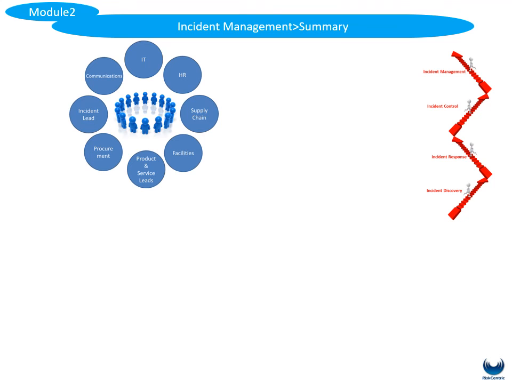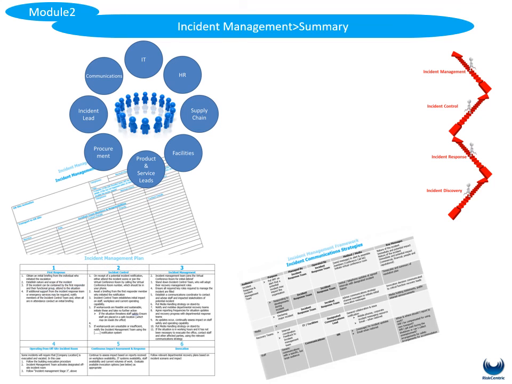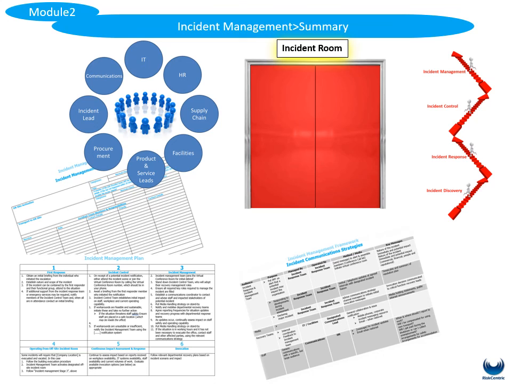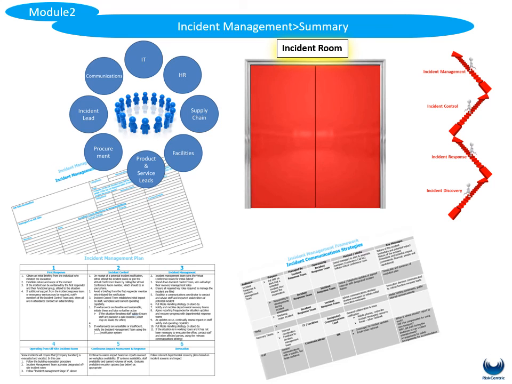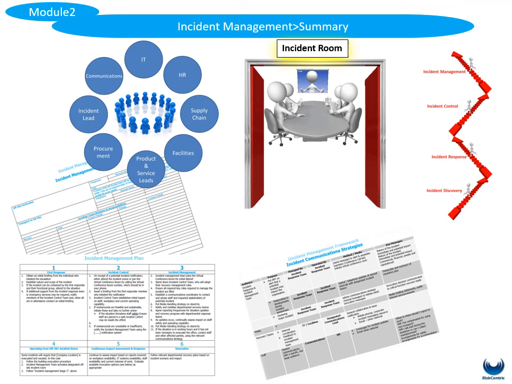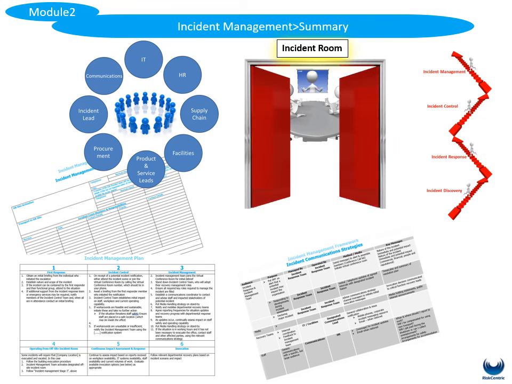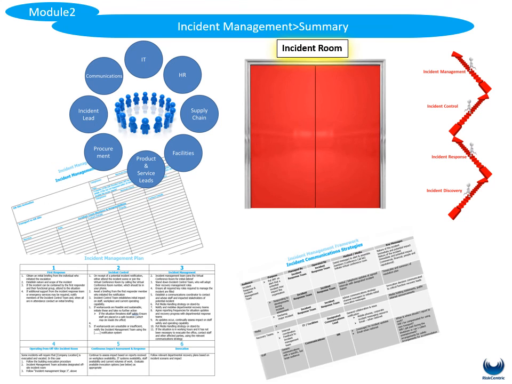We have walked through the structure of an incident management plan, incorporating the communications framework within the overall plan. And we have considered the accommodation requirements for the incident management team. We're now ready to start Module 3, Oversight, Assurance and Awareness, where we will look at the processes for keeping our plans up to date and fit for purpose.